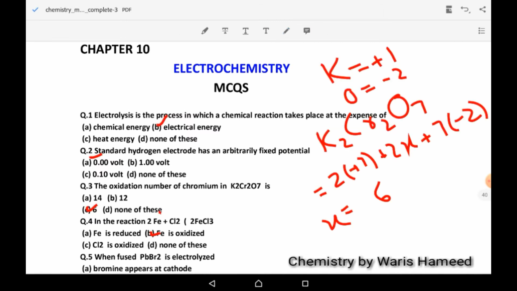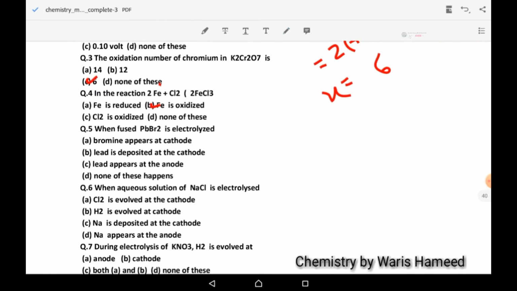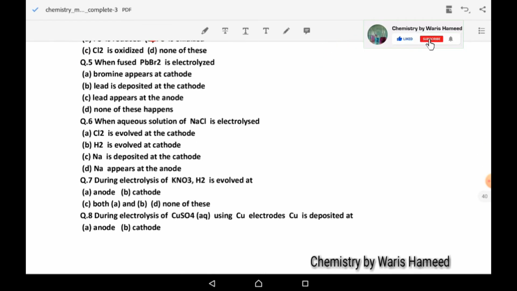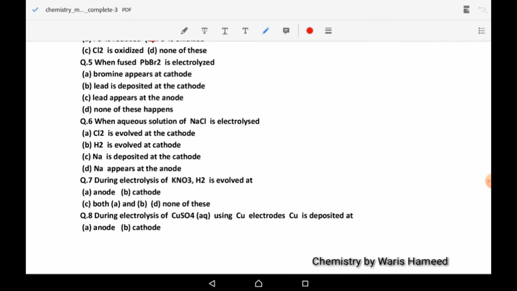Moving to fifth MCQ. When fused PbBr2 is electrolyzed, bromine appears at cathode, lead is deposited at the cathode, lead appears at the anode, lead is deposited at the cathode.